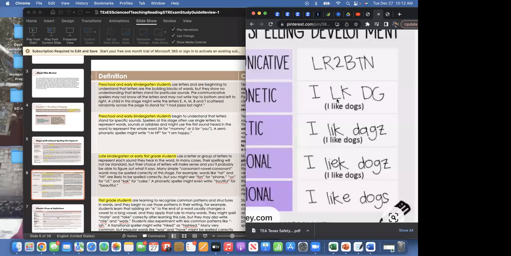A semi-phonetic speller may write I and then M HP for I am happy, right? That's semi-phonetic, and that's preschool and early kinder when they first enter kinder. They're going to be semi-phonetic.